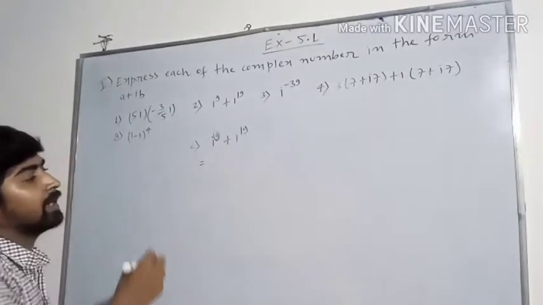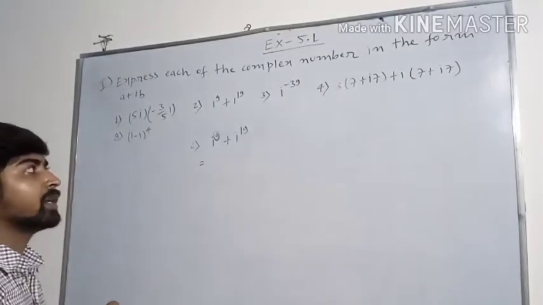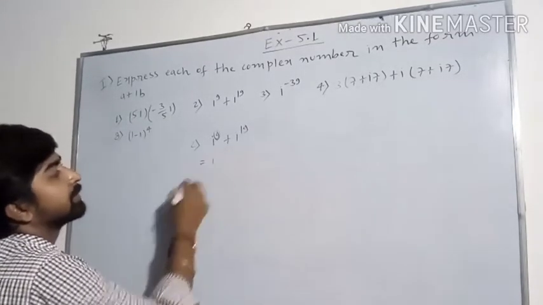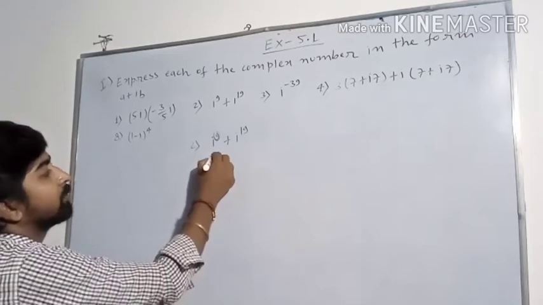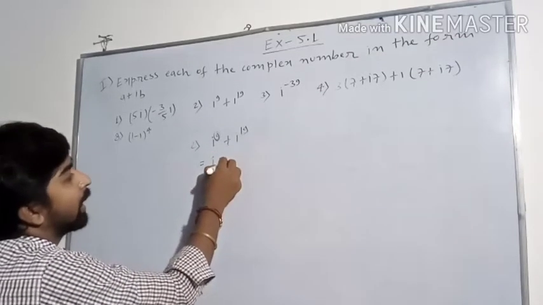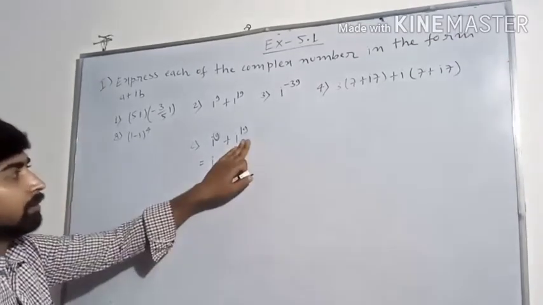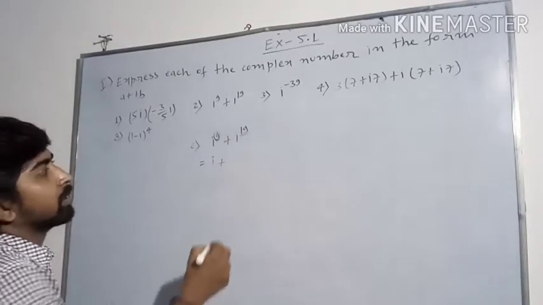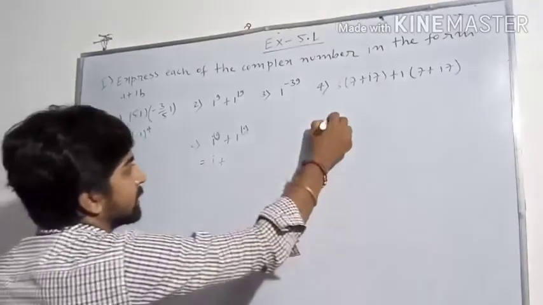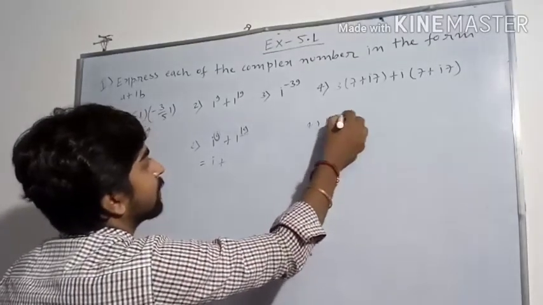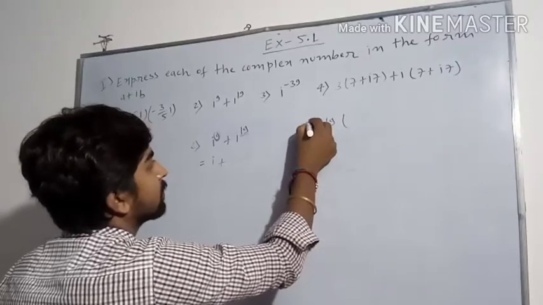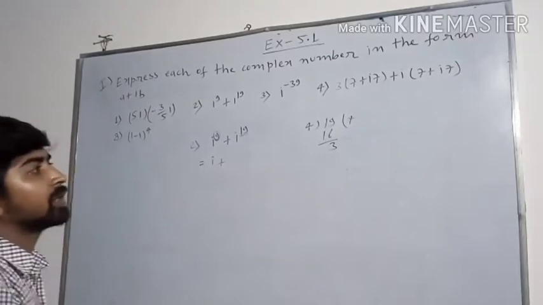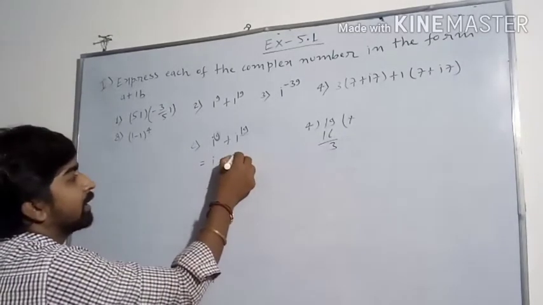When we divide 9 by 4, we will get remainder 1, and we will write here i. i to the power 1 equals i, and again we will divide 19 by 4. 4 4s are 16, and we will get 3 as a remainder. So we will write here i cube.